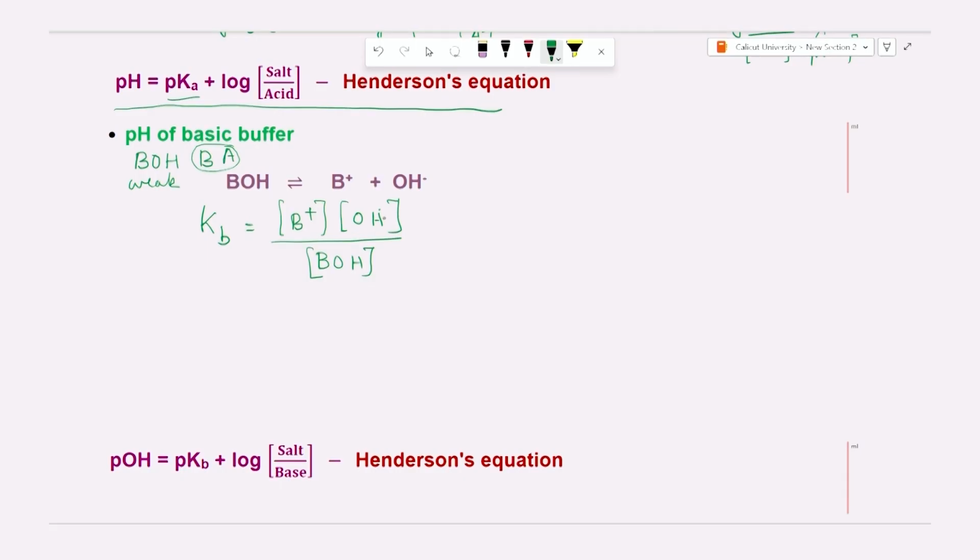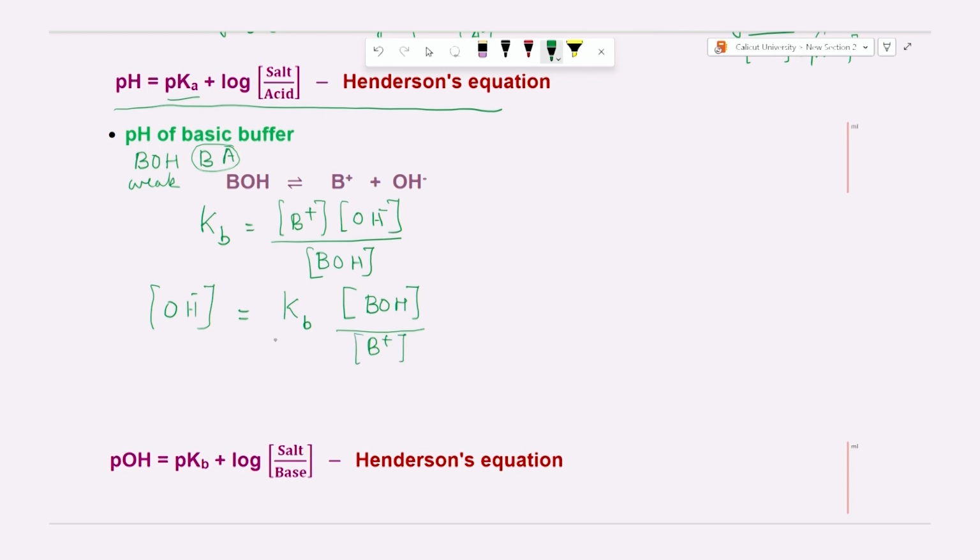Now, from this I am going to find out the concentration of OH minus, because that is the only way we can do it, which will be equal to Kb into the concentration of BOH divided by the concentration of B plus.